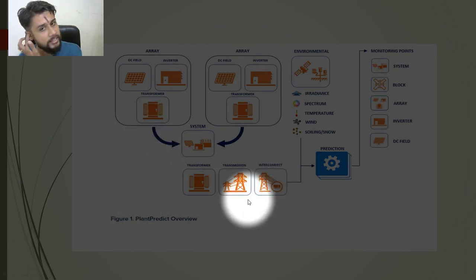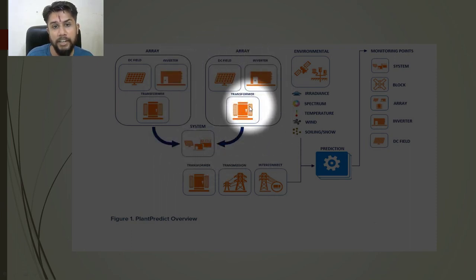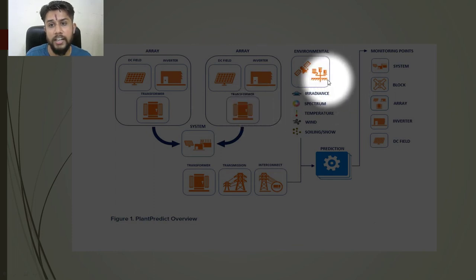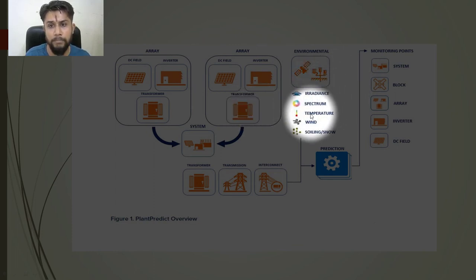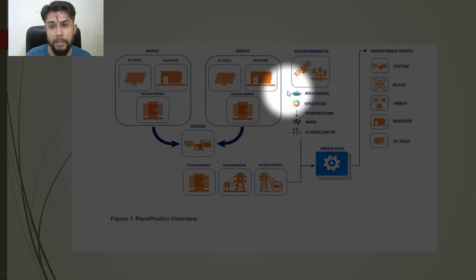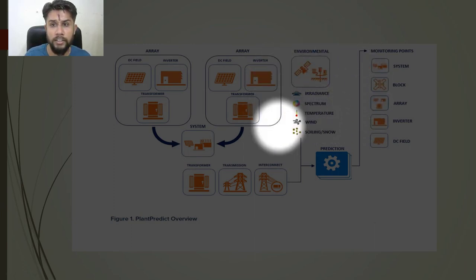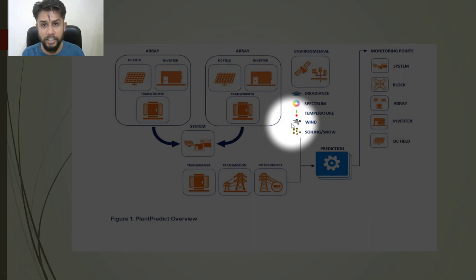You can design for on-grid as well as off-grid systems as per your requirement. The parameters which govern this generation are irradiance, spectrum, temperature, wind, soiling or snow, etc. These can be easily programmed or changed by the user for the realization of the near actual situation or scenario at that location.